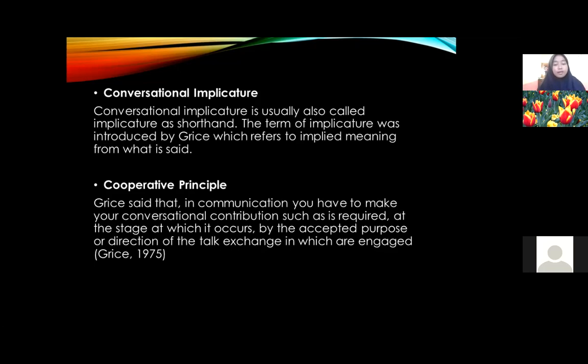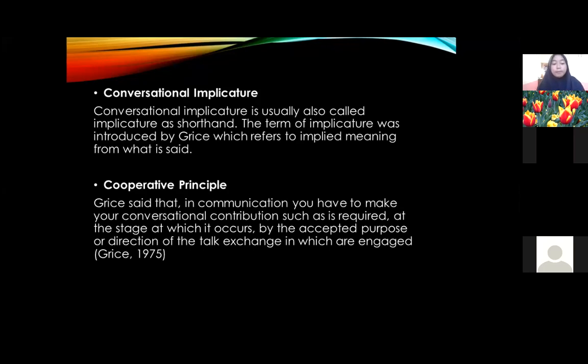While particularized conversational implicature, according to Grice, depends on particular features, the specific context of the utterances. In other words, the second type of conversational implicature occurs in a specific context. So generalized conversational implicature does not require special knowledge, but particularized conversational implicature needs the specific context to be understood.